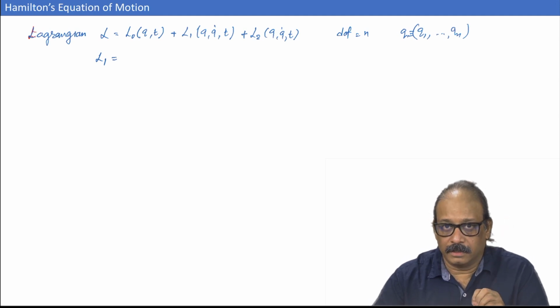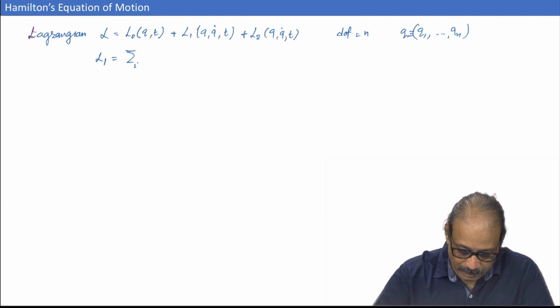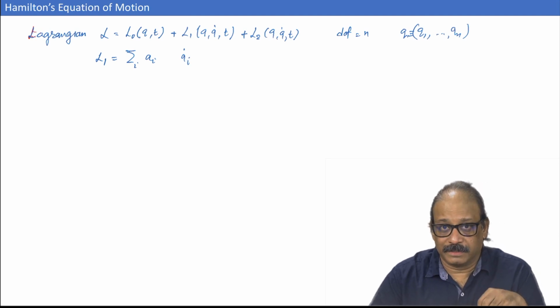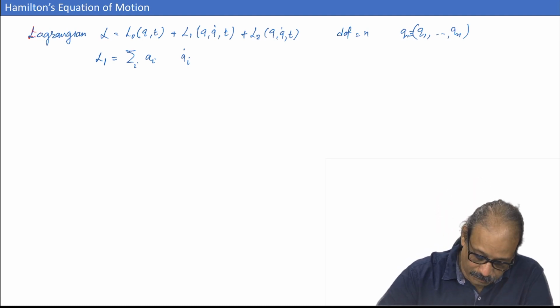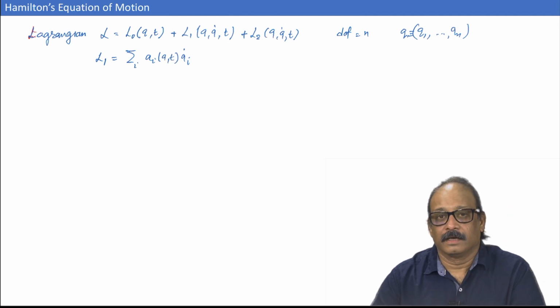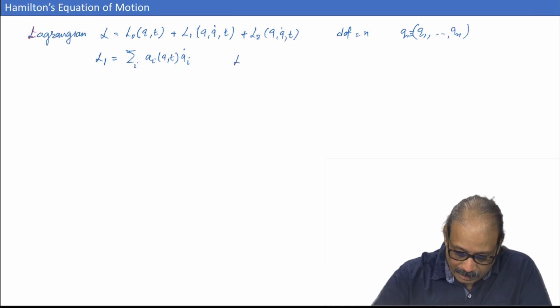It is linear in q dot. So, I will write it as sum over i, a i times q i dot. But remember, a i themselves are not really constants, they can be functions of q and t. In the same way, I will write the second term L 2. L 2 can be written as a sum over i and j.